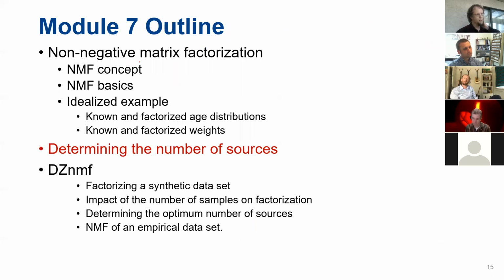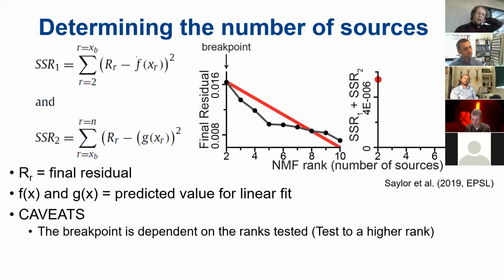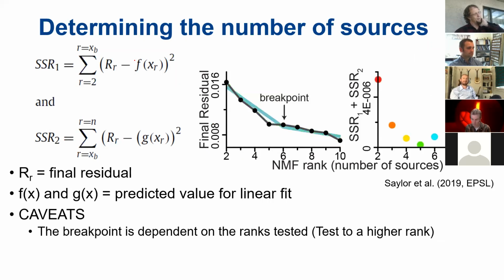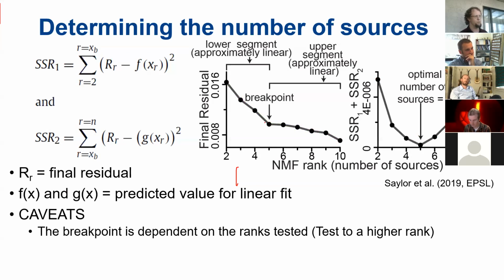All right, so how do you determine the number of sources? I spent a lot of time trying to figure this out. And the best solution that I came up with was essentially you factorize across a huge range of number of sources.